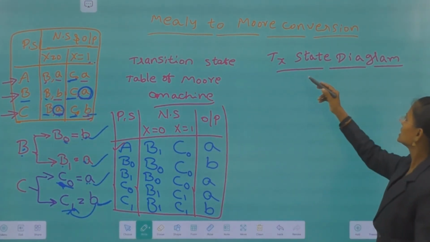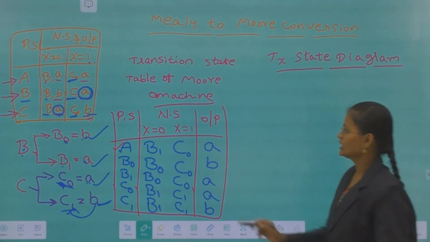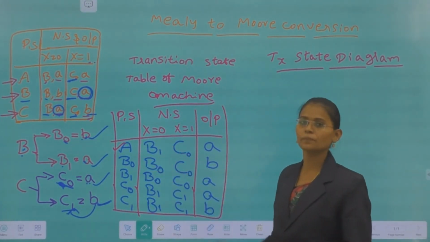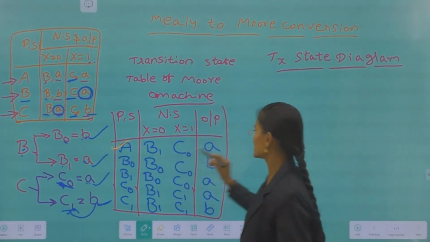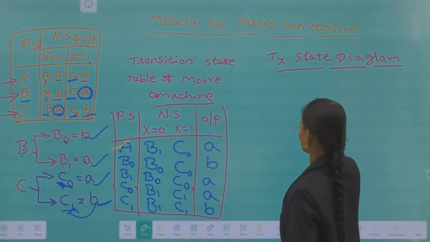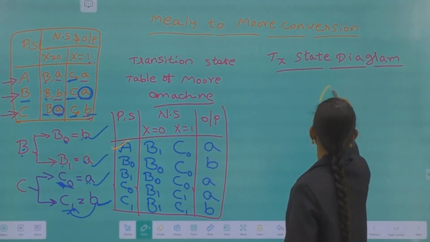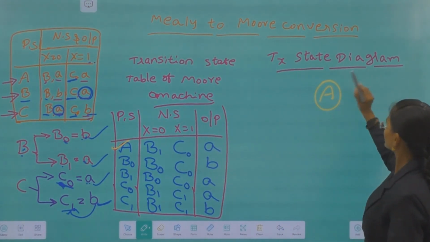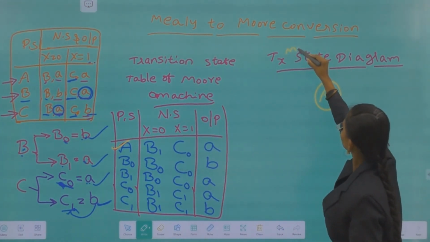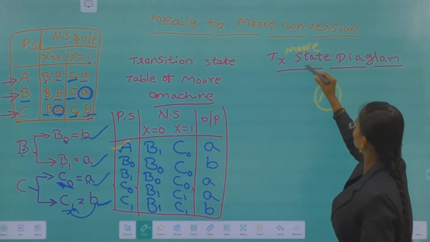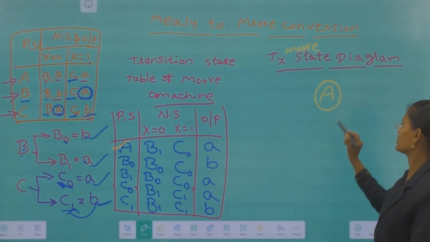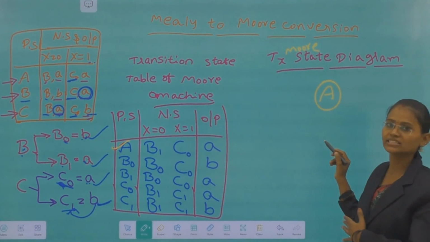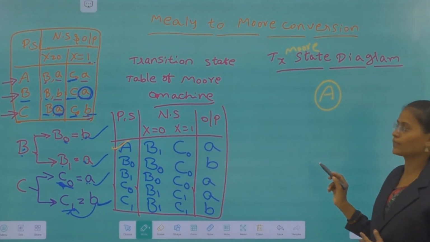And next see the transition state diagram. Here we observe more number of states are present. First see the A state. Here state A. This is the Mealy state diagram. In the Mealy transition state diagram, the outputs are also present.